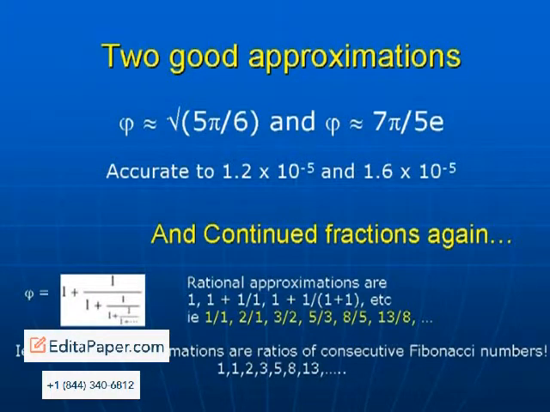Take the next one, it's 1 plus 1 over 1 plus 1 over 1, and so on. And if we just round these up, first approximation is 1 over 1, next one is 2 over 1, the next one is 3 over 2, 5 over 3, 8 over 5, 13 over 8. These are rather remarkable, because each number you'll see appearing here is one of the Fibonacci numbers.